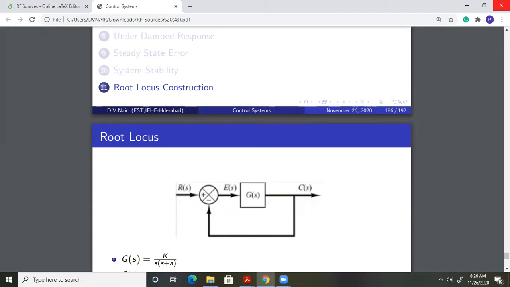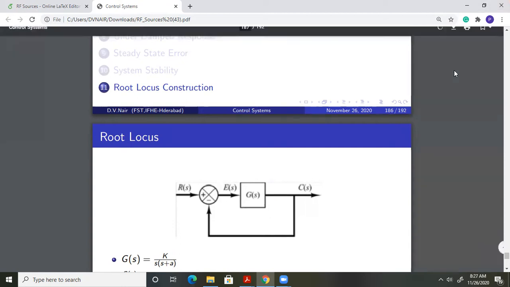It has remained immensely popular and significant in the design of control systems, and present day systems also employ the root locus technique in analyzing the model and system stability.